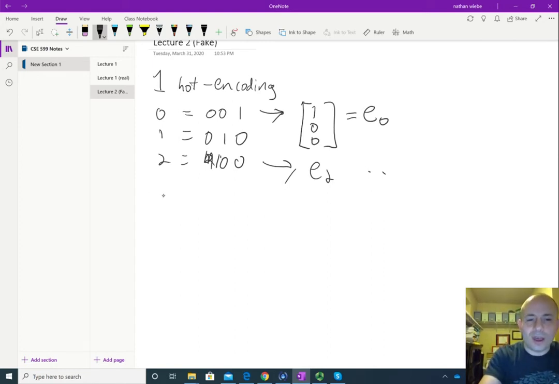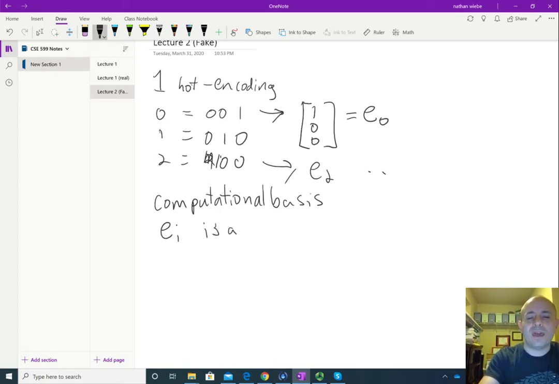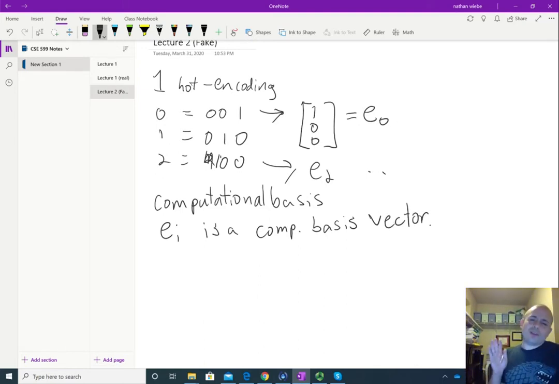This basis, formed by E0 and E1, we'll call the computational basis, and Ei is a computational basis vector. Now, this language isn't going to be super important at the moment, but as the lecture continues on, it's going to be increasingly important, especially as we transition over to quantum computing.